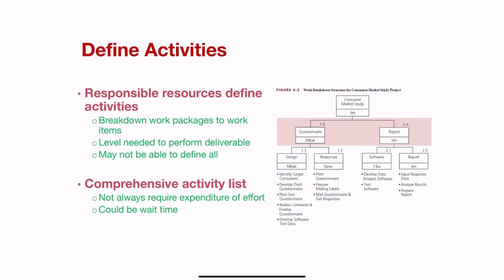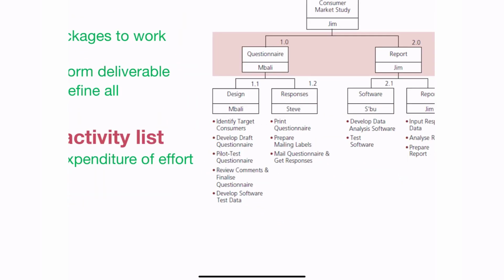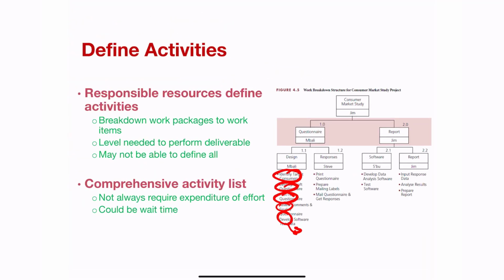So let's have a look at the list of activities. Earlier I said that these are a list of all the work packages. These are all the activities, and you can easily see how they are described. They are normally described as something that is action orientated. There's a verb in there, a timing attached to it, and a person attached to it, and it must be a comprehensive list.